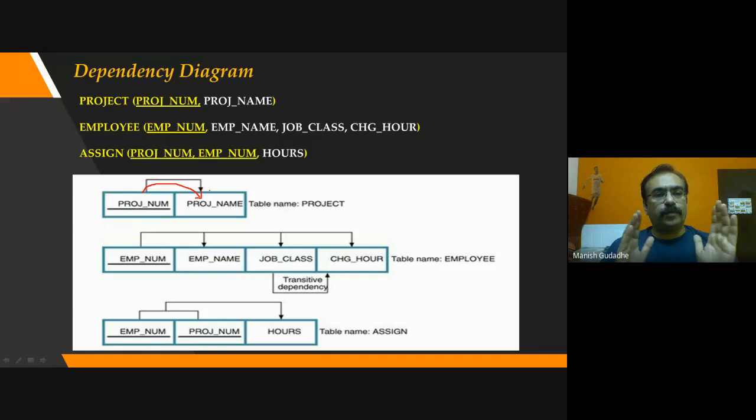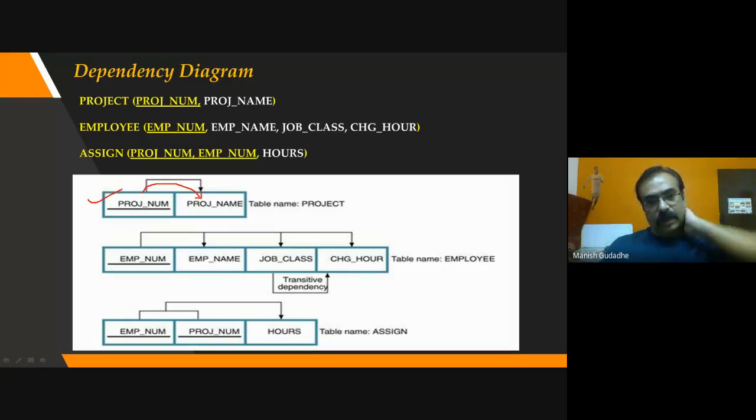If I have project number, I can definitely get project name uniquely. If I have employee number, I can uniquely identify employee name, his job class and his charges per hour. And similarly, if I have both the information, project number and employee number together, I can uniquely identify the number of hours that employee has worked for that project.